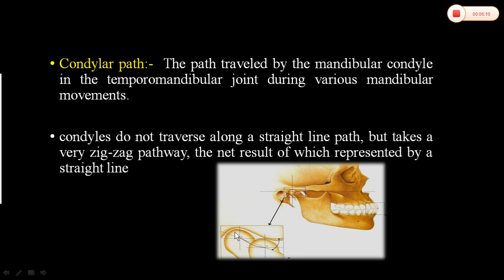Then beyond 20 mm, if you open the mouth, the condyles will translate, or move along the glenoid fossa and over the articular eminence. See, this path is not a straight line. It will be zigzag, through depression and elevation. But in the articulator, it will be represented like a straight line.